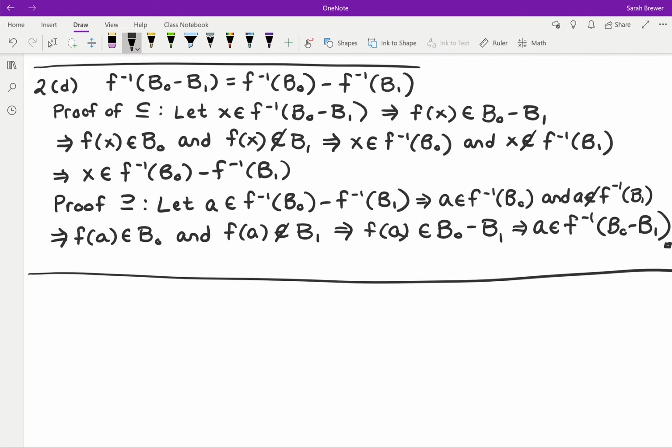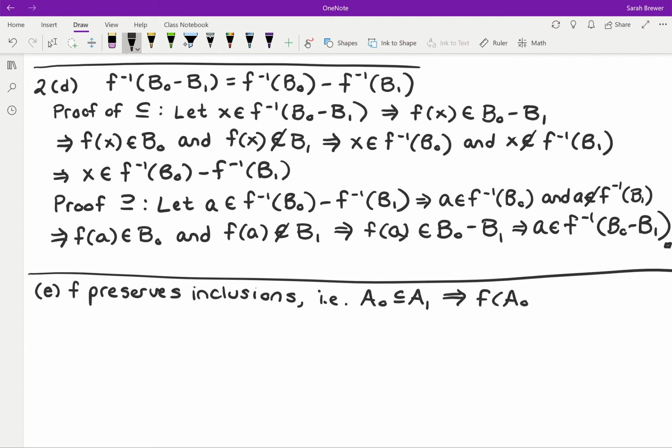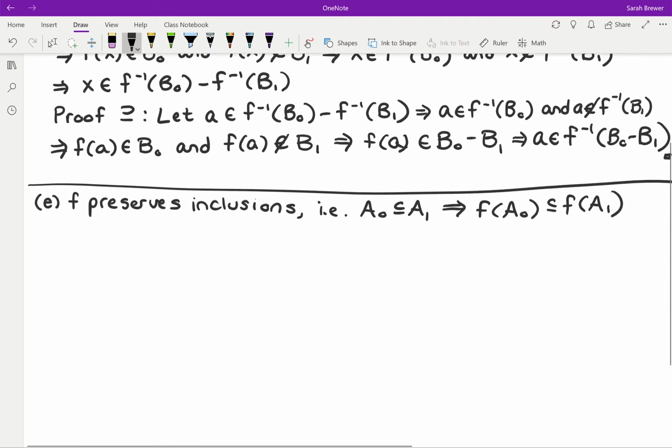All right, so I want to quickly go through E and F that we did in class. E tells us that f preserves inclusions. That is, if A0 is a subset of A1, then the image of A0 is a subset of the image of A1.